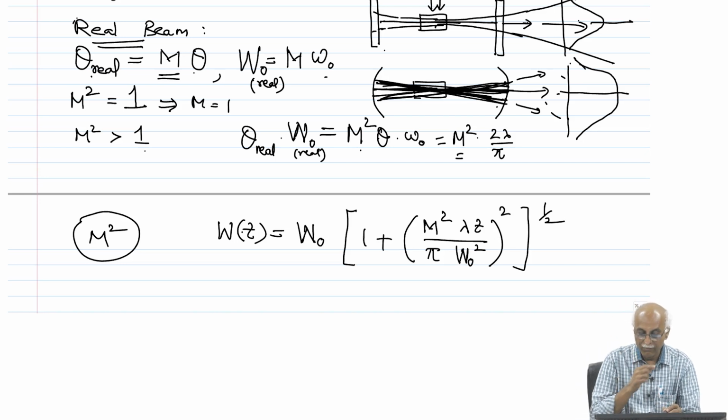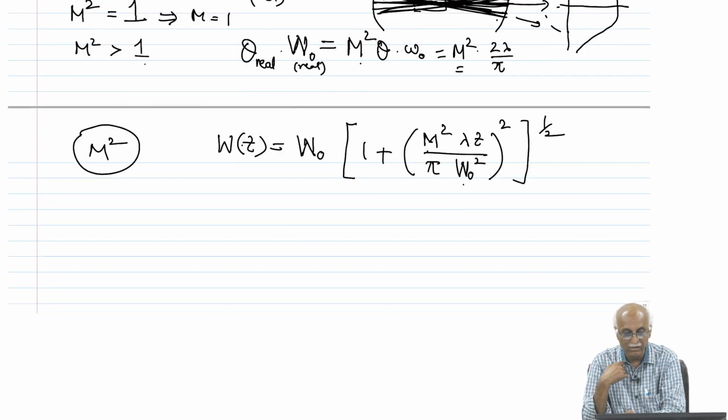What has changed? When M square is 1, W0 is small w0, the beam size and the same equation as we described previously, nothing different.